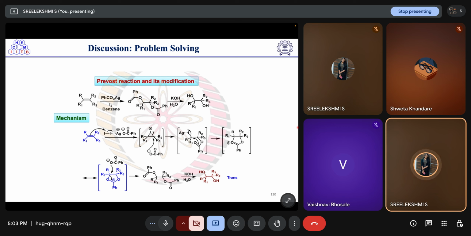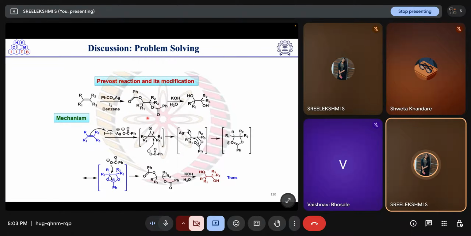So Prevost reactions are basically silver-based oxidation reactions where we convert an alkene into a diol. As we can see here, we have an alkene and we are converting that into a diol. That is the Prevost reaction, and what we are using here is silver benzoate, a silver salt, in the presence of iodine and benzene.